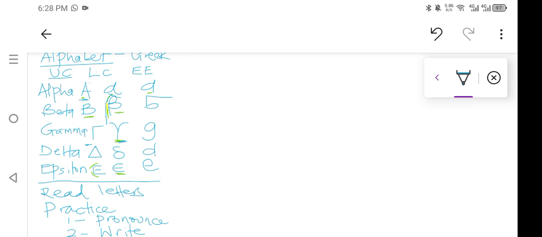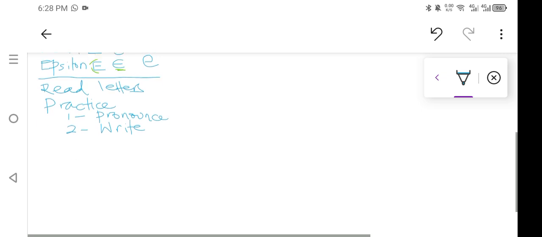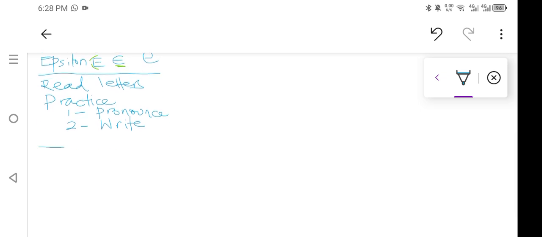So those are the first five letters we saw last week. We had an assignment for you: to read the letters, practice how to write them, and practice how to pronounce them. We will continue from there.